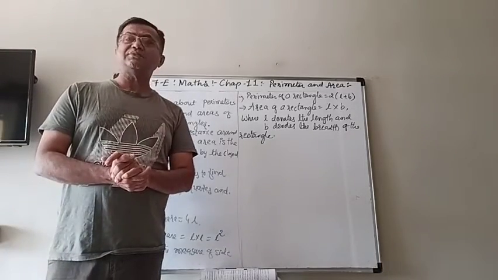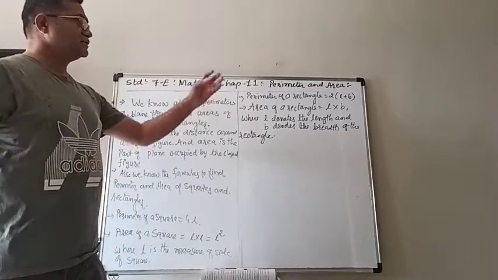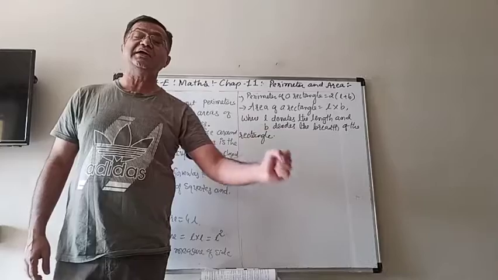So now I am going to start chapter number 11, that is perimeter and area.